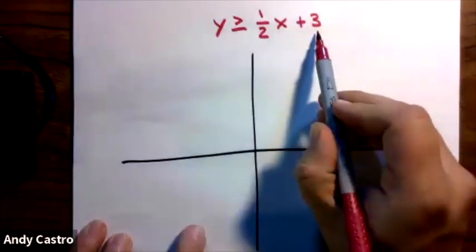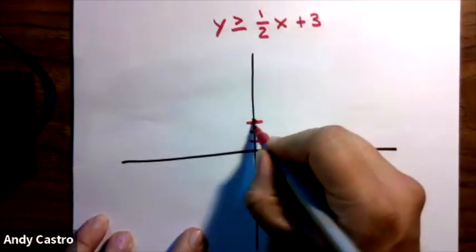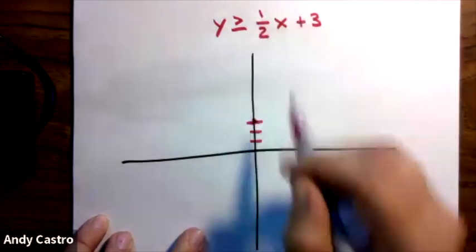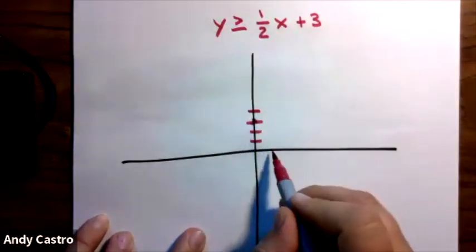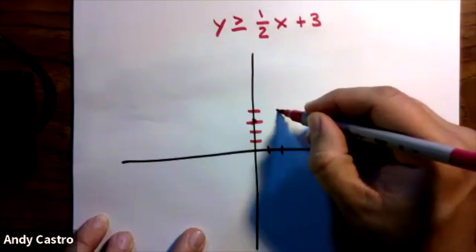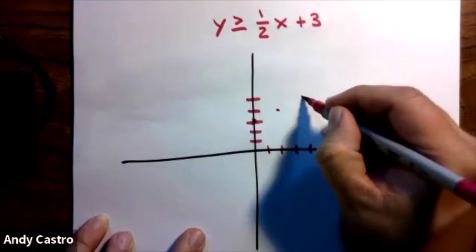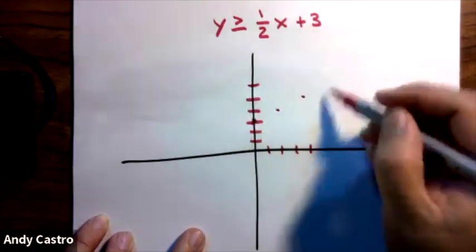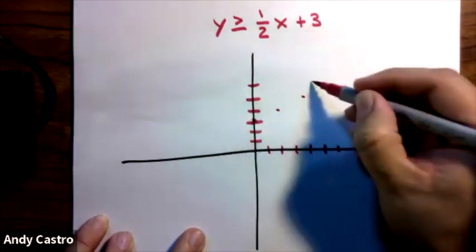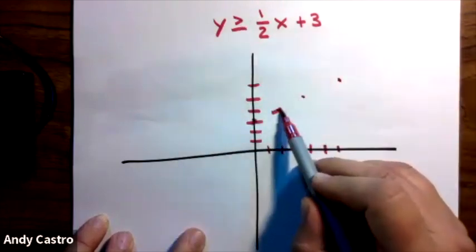The y-intercept is positive 3, so 1, 2, 3. Slope is 1/2, so rise of 1, run of 2. Rise of 1, run of 2 more. Rise of 1, run of 2 more. Now, is this a dashed line?